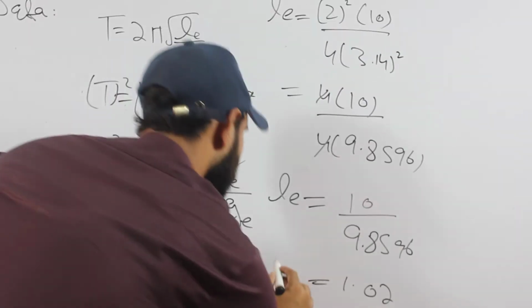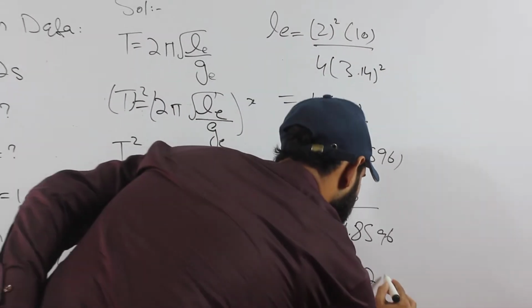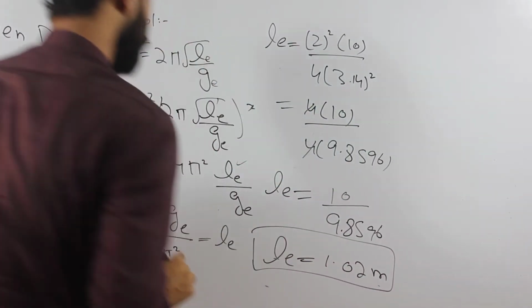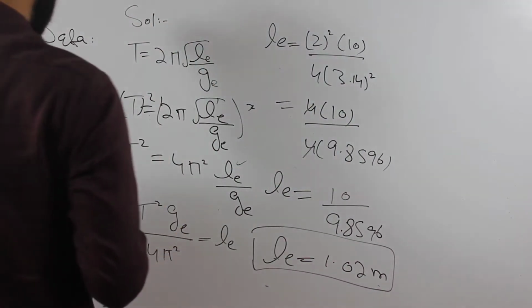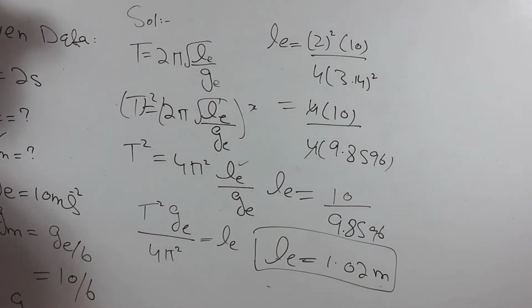After dividing these two, we get 1.02, and the SI unit of length is the meter. So that is the length on the earth. Now the second thing we have to find is the length on the moon.